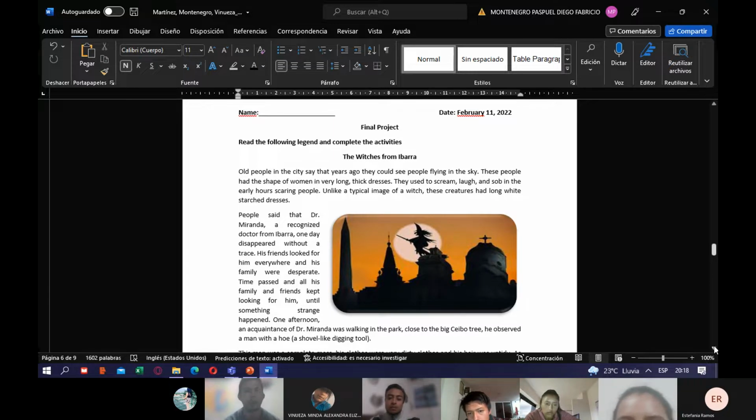Look up vocabulary for unknown words, use dictionaries, use the internet, use all the resources to fulfill your knowledge, to build up the knowledge. You can use your previous notes in order to clarify whichever grammar structure.